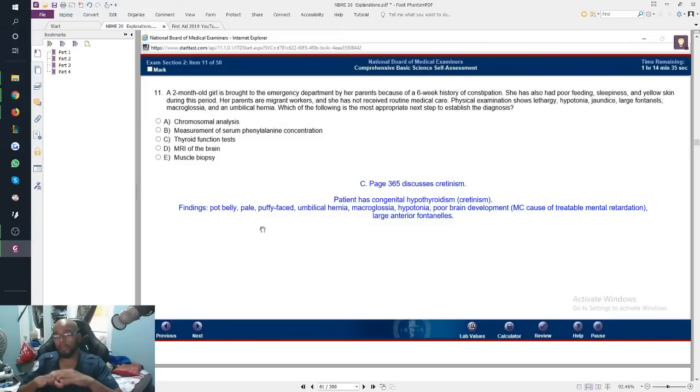Now, that physical exam pretty much gave away what's wrong with the baby. But also think about the fact, 2-month-old girl, 6-week history of constipation. So for a month now, she's had constipation. You don't necessarily get constipation as an infant unless you're a newborn. A newborn might not even pass meconium, right? And that's different.